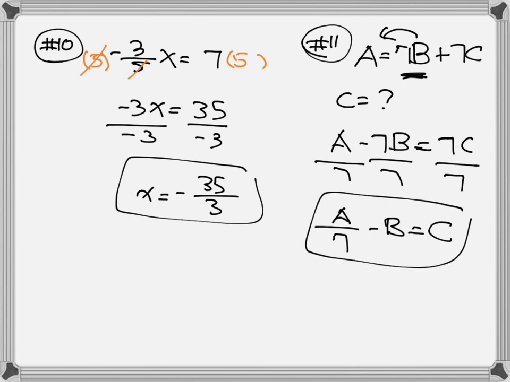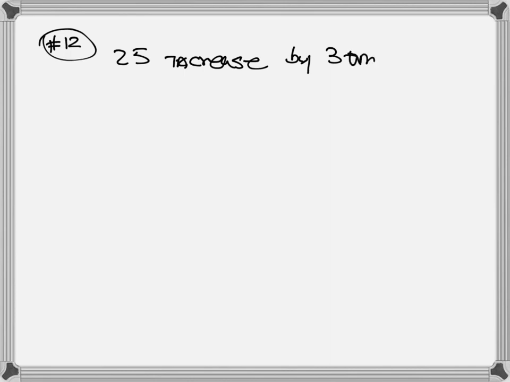Okay, next. They want to find out number 12. They say 25 increased by 3 times a number. So 3 times a number is what?